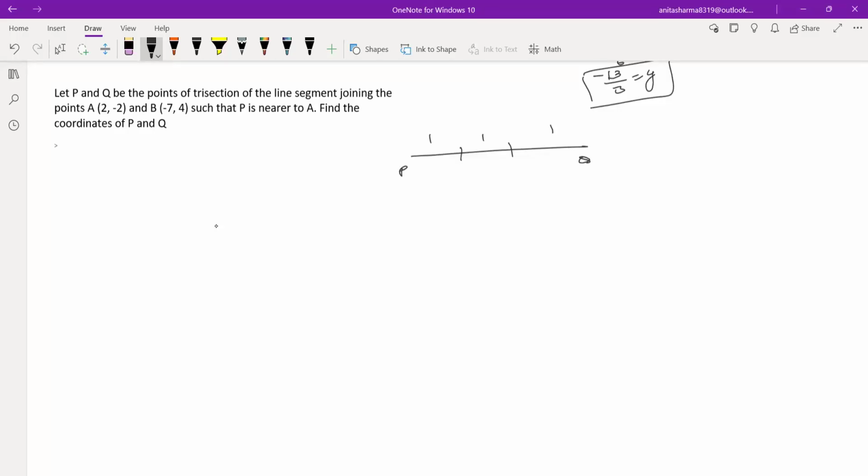No, beta, this is P. Ma'am, 1:1 ratio, right, ma'am? So wouldn't it be the midpoint? Q will be the midpoint of P and B, right? Yes, ma'am. And P is the midpoint of AQ then.